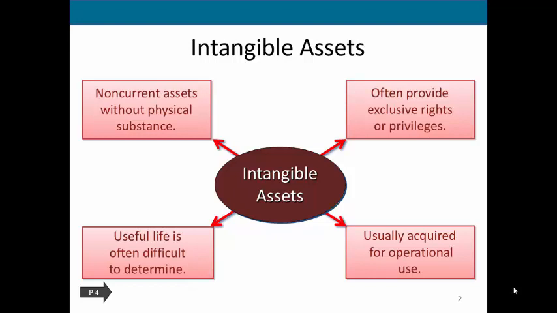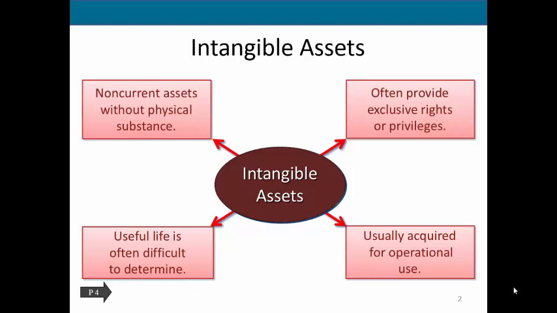Now, we've got lots of examples of intangible assets, and oftentimes it can be difficult to determine a useful life, or if you have things like copyrights or trademarks, there are specific legal lives that we have to look at. So, for example, if you have a copyright, oftentimes there is a certain amount of years beyond someone's life that copyright is still useful.